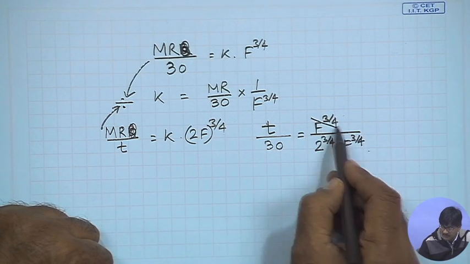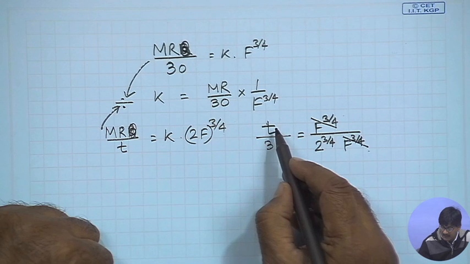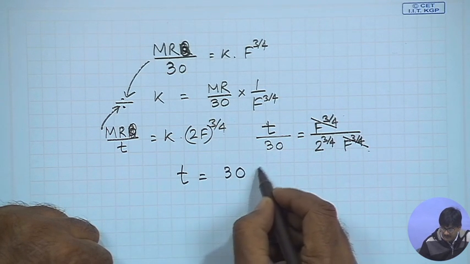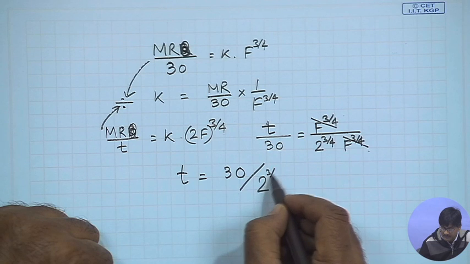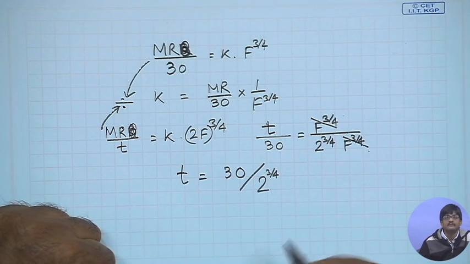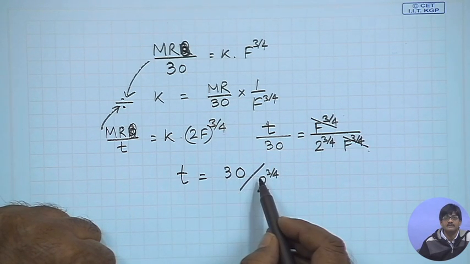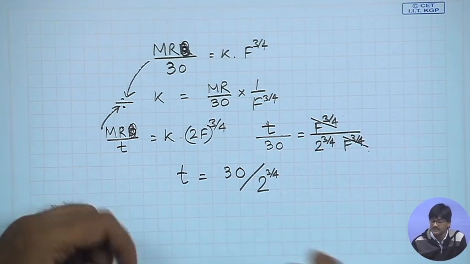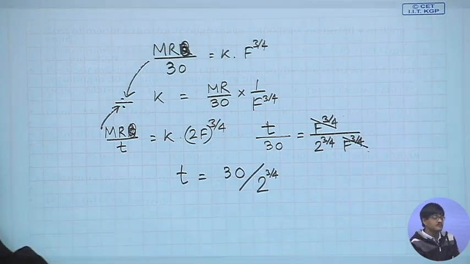So, this one cancels with this and T becomes equal to 30 divided by 2 to the power 3/4. This is a pure number which you can easily calculate, and this will come to be roughly 17.838.